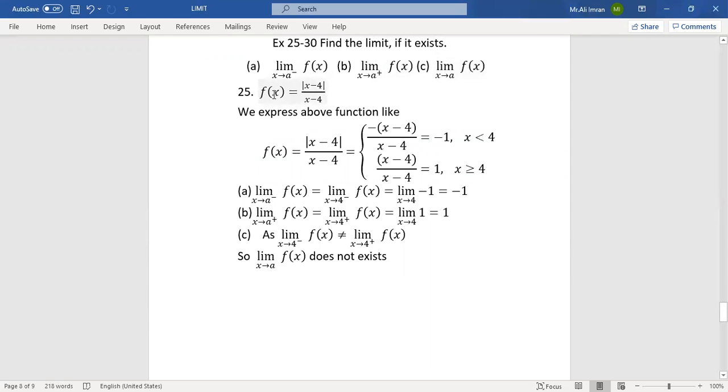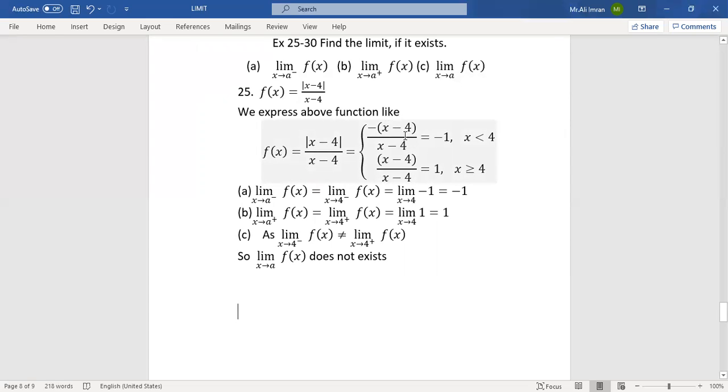Question 25, f(x) is equal to mod of x minus 4 divided by x minus 4. First of all, using the concept of mod, we will simplify this function. f(x) is equal to minus (x minus 4) divided by x minus 4 when x is less than 4.